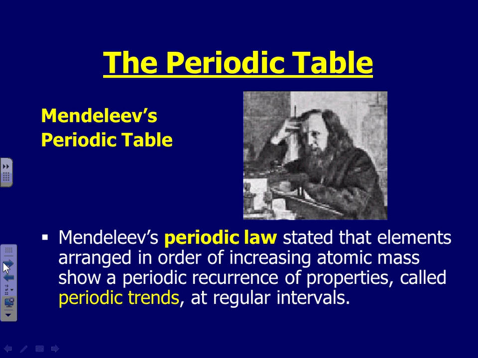So he said, I predict, and that's what makes this powerful, that there's a missing element here. I predict that germanium needs to go into this position, and by looking at the properties of aluminum, zinc, and germanium, he actually predicted what the properties of gallium should be.